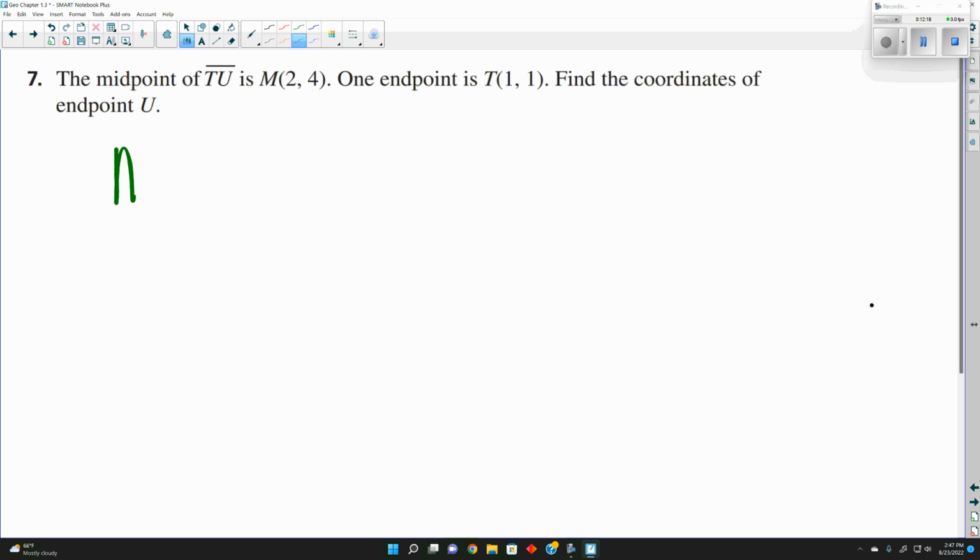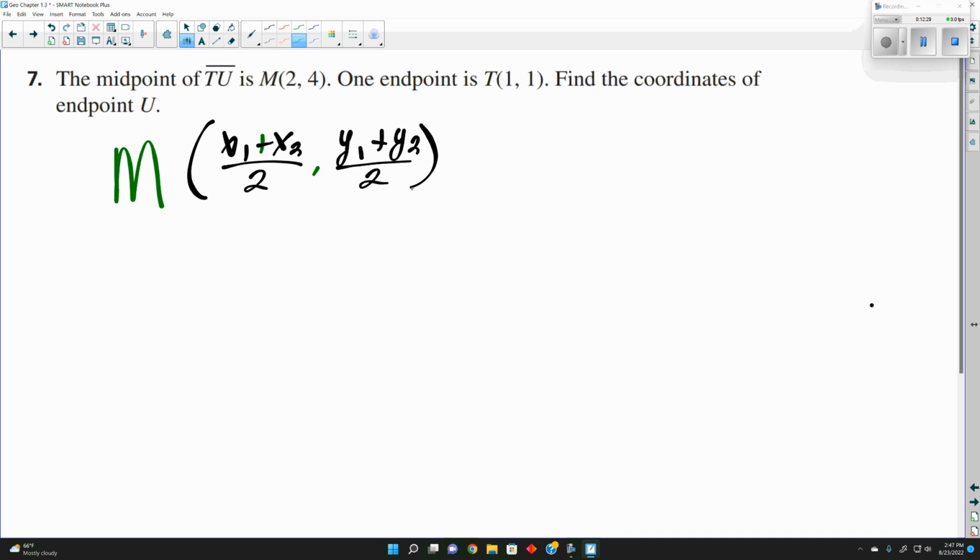Now again, it told us what the midpoint was. This here is our midpoint formula. So we add the 2 x values of the endpoints together, divide by 2. We add the 2 y values of the endpoint together and divide by 2. And for this problem here, it'll give us the midpoint of 2, 4.